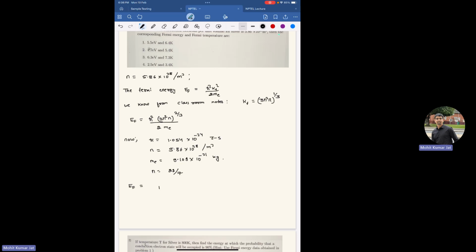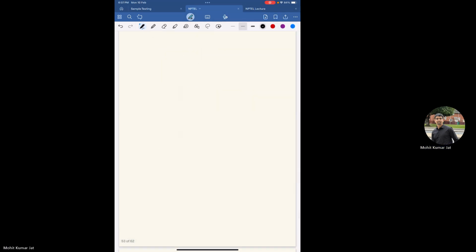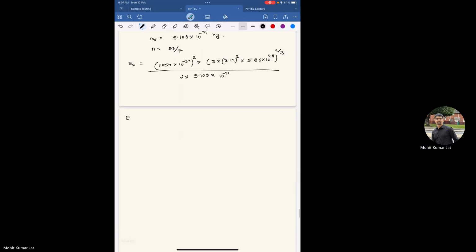EF will be 1.054 into 10 power minus 34 squared, times 3 pi square, with pi as 3.14, times carrier density 5.86 into 10 power 28, the whole to the power 2 by 3, divided by 2 times mass of electron, that is 9.109 into 10 power minus 31 kg. Now I will use a calculator.